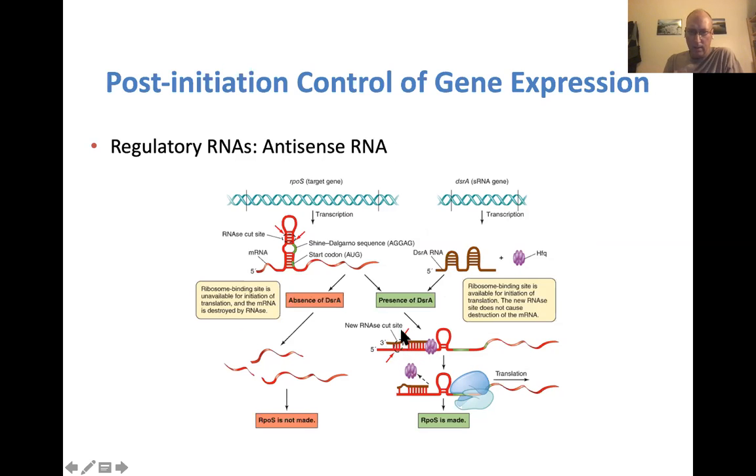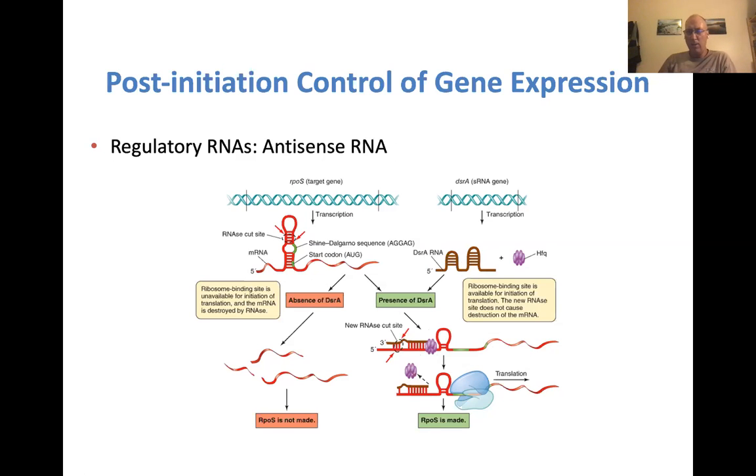And so the ribonuclease site is here, but basically this structure with DsrA bound actually leaves free the ribosome binding site and the start codon for RpoS. So the presence of this regulatory RNA under stress conditions actually binds to the RpoS transcript, but in such a way that it actually frees it up to be translated by the ribosome.